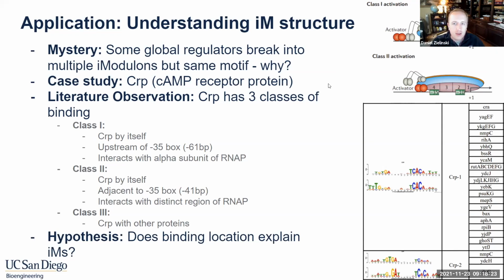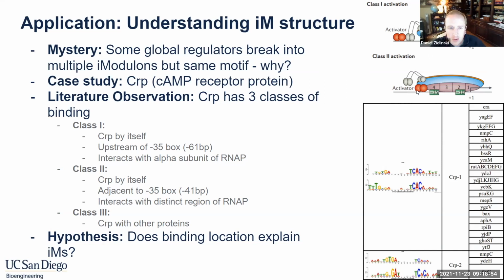So we took a look at the iModulons. For some reason, CRP has two iModulons, a CRP1 and a CRP2 iModulon, with very similar motifs. You can see there's not too much difference between the motifs. So why does it split into two iModulons? Well, I mentioned before that there are types of regulation, and for CRP specifically, there are two classes of activation depending on where CRP binds.